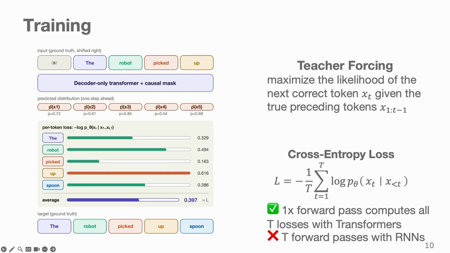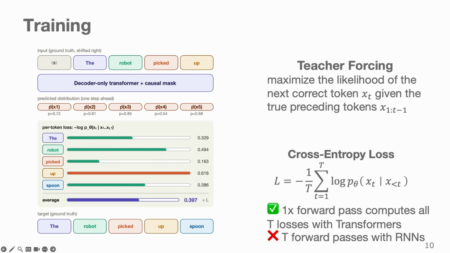Cool. How do we train this? Very simple. We use something called teacher forcing. The idea is that during training, we don't care if the model makes a mistake at a certain time step. So instead of feeding the model its own potentially wrong prediction, we always feed it the ground truth of the preceding tokens and ask it to maximize the likelihood of the next correct token via cross-entropy loss.